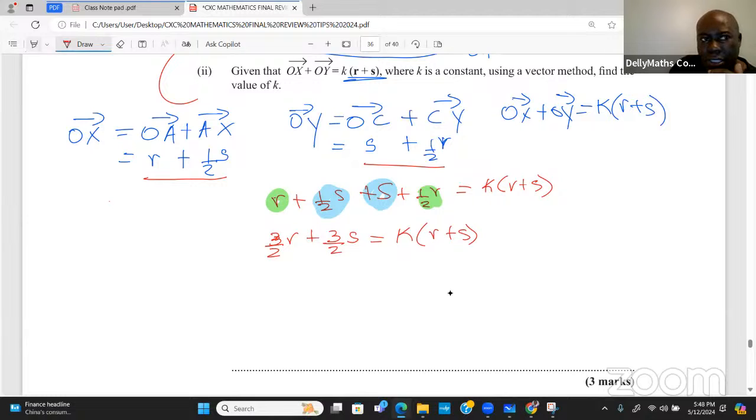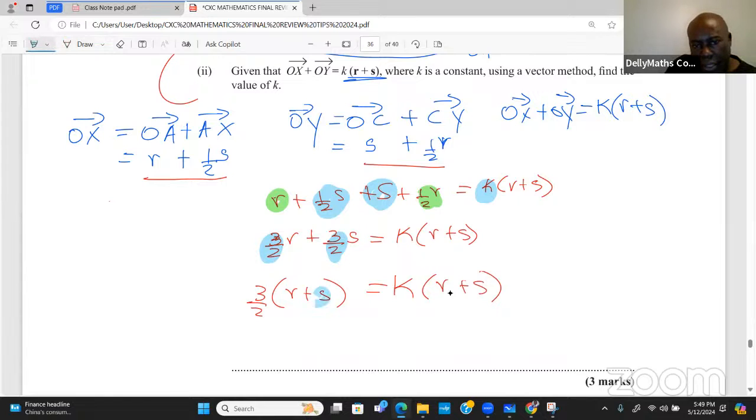Take a look. Don't you see the common factor here? Common factor is 3 over 2. Now I'm going to factorize out 3 over 2 here, and then in bracket, I'm going to have R plus S. And then I'm going to let it equal to this still because I am looking at what they want. Take a good look now. When you take a look, this is this, right?